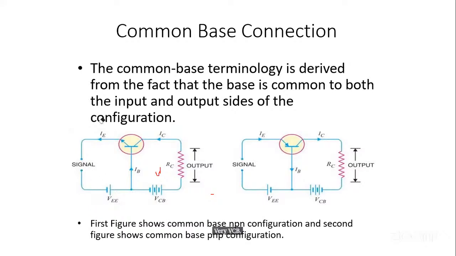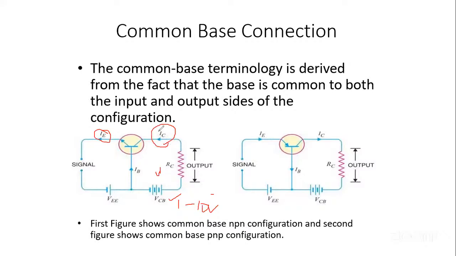So if I keep this current, IE, constant, and vary VCB, say from 1 to 10 volts, I will have different values of IC.